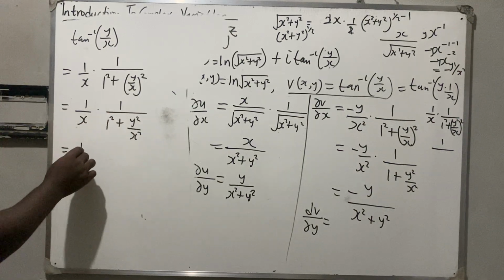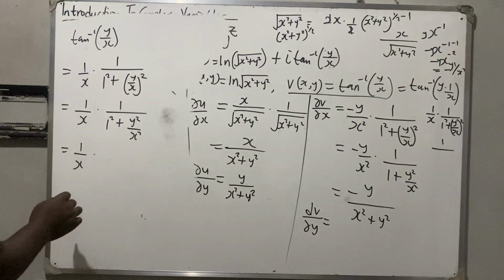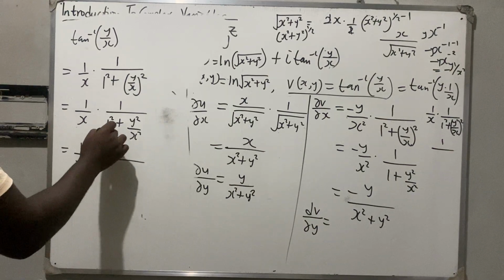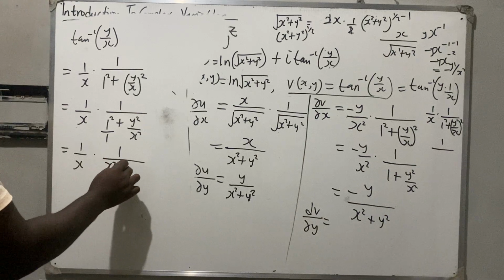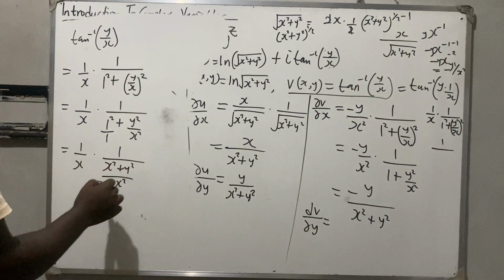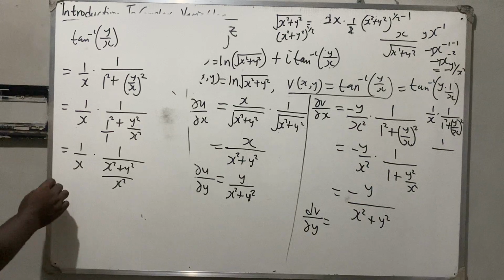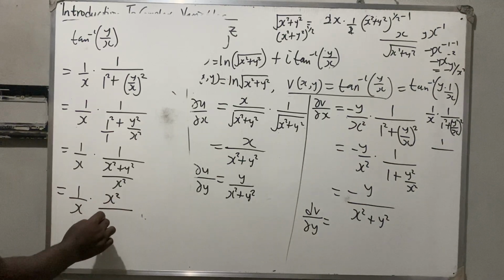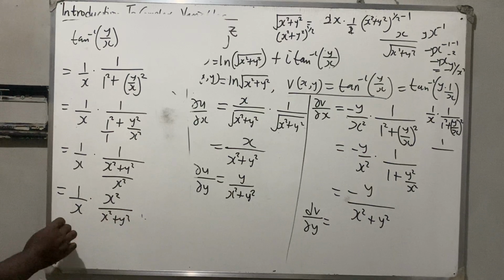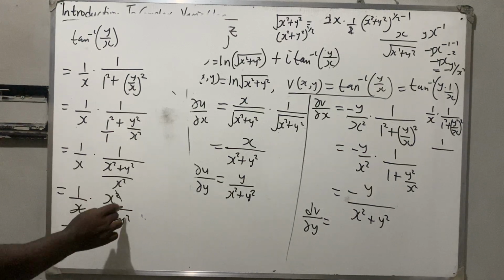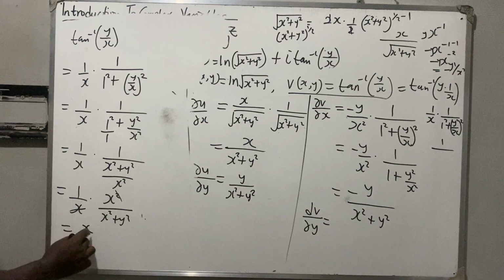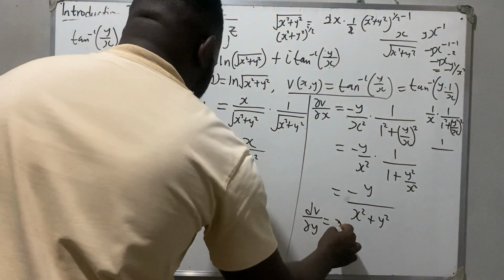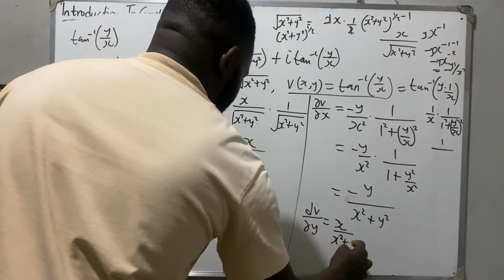The LCM here is x squared plus y squared over x squared, so this one can go up. I'm going to have 1 over x multiplied by x squared over x squared plus y squared. The x will take care of one of the x's here, so I'm left with x over x squared plus y squared. This is what I got: x over x squared plus y squared.